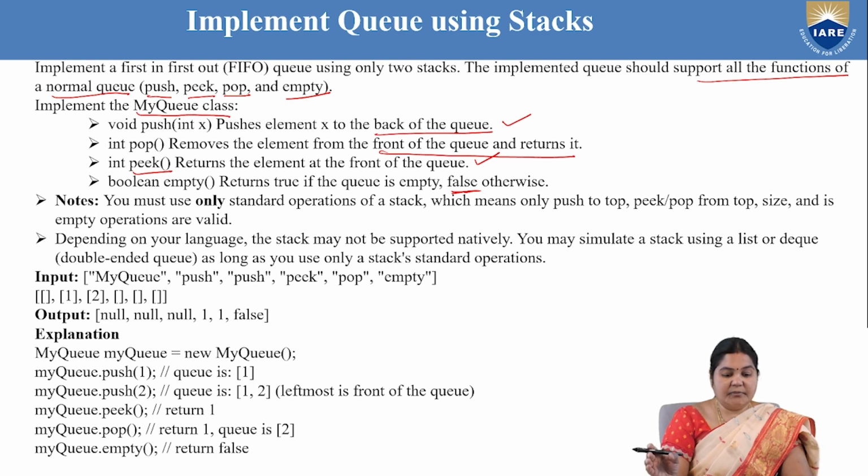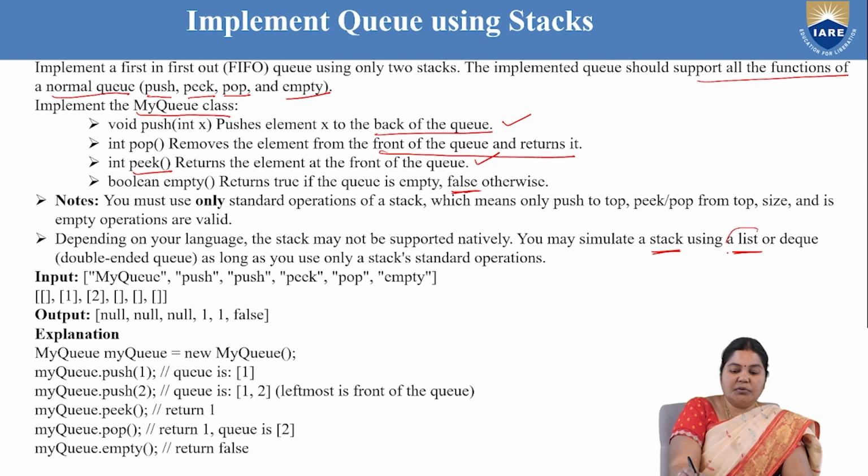Depending upon your language, the stack may not be supported natively. You may simulate a stack using a list or a deque as long as you use only standard stack operations. So in Python, you can simulate it through a list or deque. I'm going to use a list here to simulate the stack operations for queue operations.